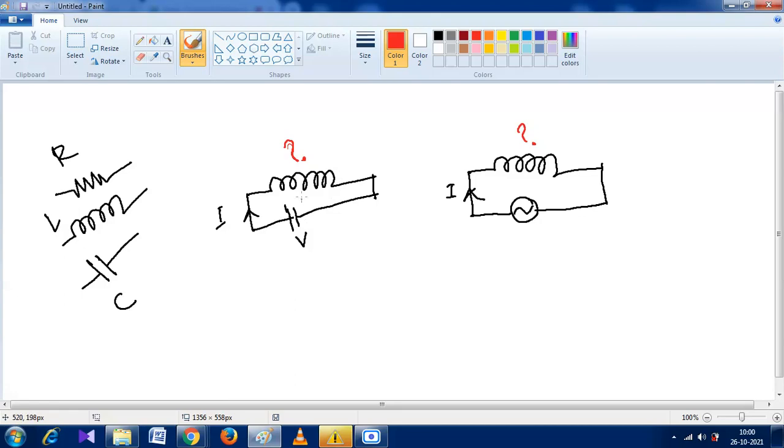Suppose we have a coil and we supply a DC, then the current will flow through that coil and create a magnetic field which is constant in nature, and if we supply by AC source, then it creates on that coil a varying magnetic field. And in case of DC, the coil behaves as a resistor, and in case of AC, the coil behaves as an inductor.